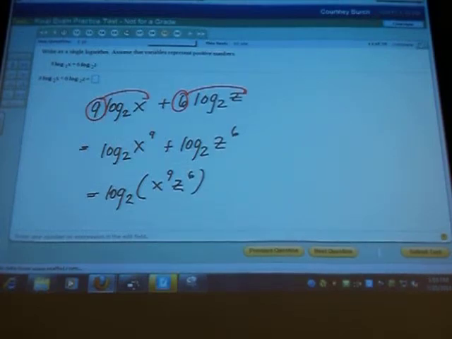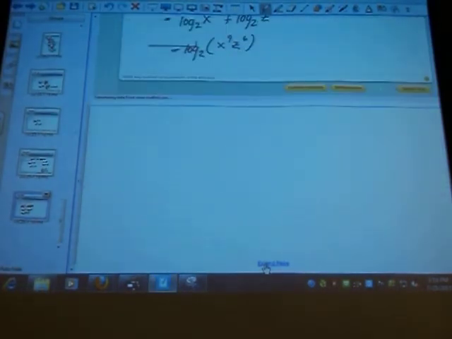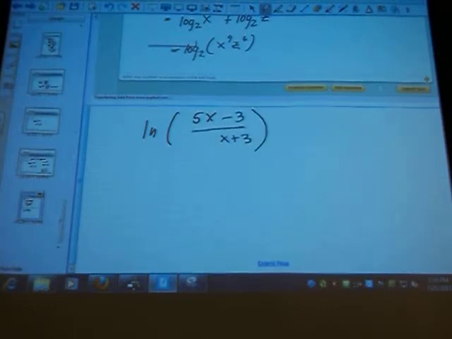One question. Mine says rewrite the expression ln of 5x minus 3 over x plus 3. Would that be done the same way? No. Say yours again. ln of 5x minus 3 over x plus 3.